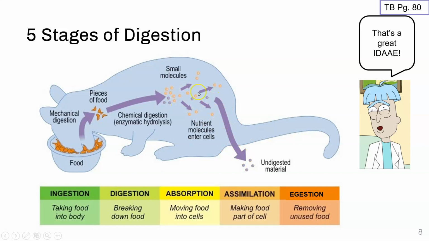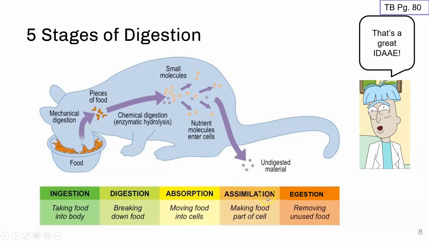We need to have a purpose for eating, and that purpose is so that the food can move into our body, so that it can reach the cells of our body, so that our cells have energy and have the material that they need to grow. So this is called absorption, and it's happening in the small intestine. The small intestine is absorbing the small molecules into the body.